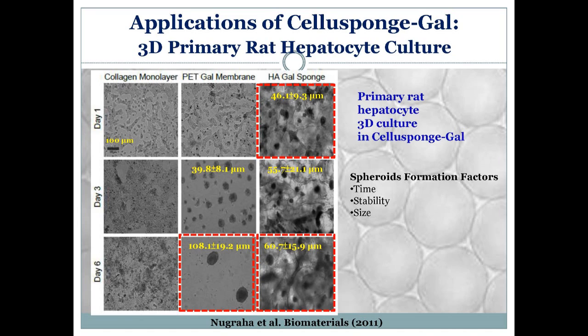In Cellosponge coated with galactose, hepatocytes immediately organized into 3D spheroids in 1 day of culture and maintained similar sizes until day 6. It also means hepatocyte cells in the center of the spheroids won't die due to hypoxia. Furthermore, hepatocyte spheroids formed in Cellosponge galactose were smaller than those formed in PET galactose-coated membrane.